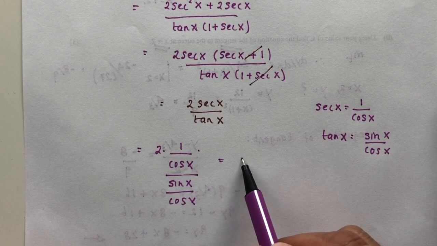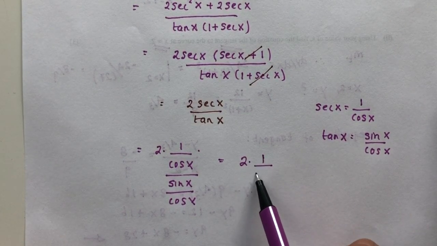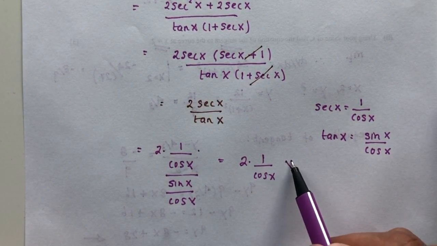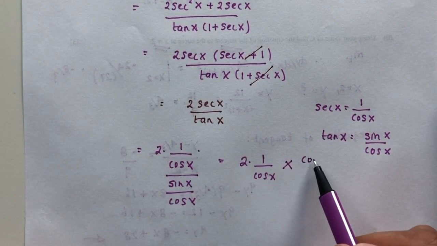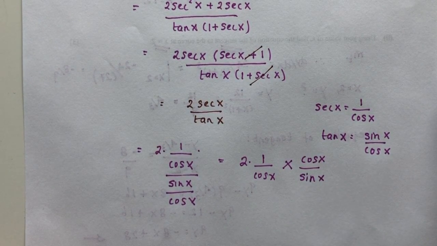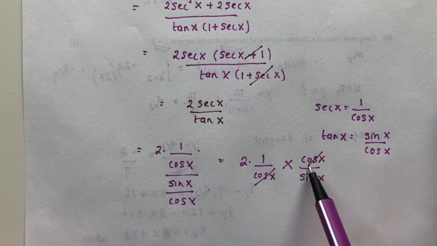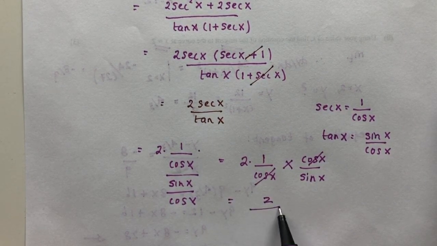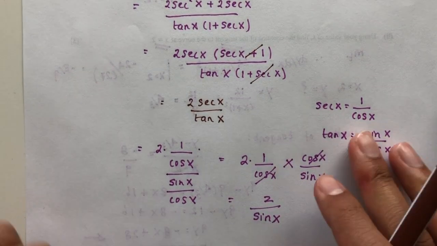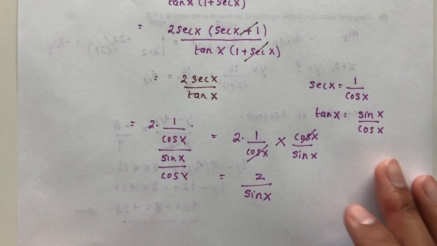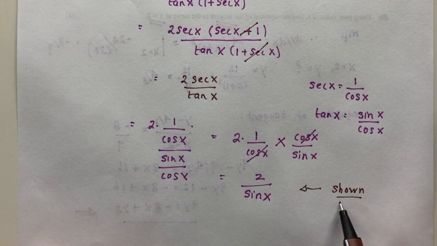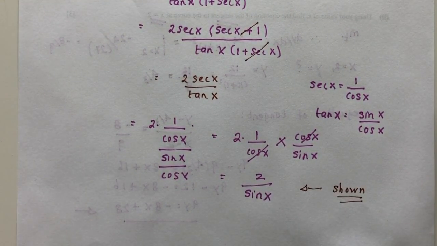Now if you simplify, that becomes 2 times 1 over cos x. When you divide by something and want to change to multiplication, you have to flip it upside down. So this will become this. Now this cos x is the same, so it cancels out, and you will have 2 over sin x. This is the same as the right-hand side, so it is shown as required. That is part 1.